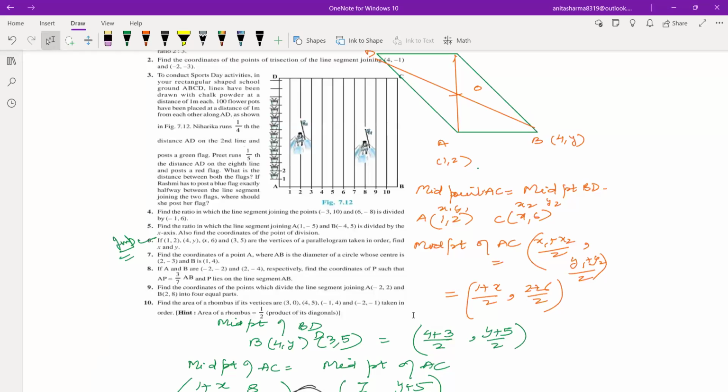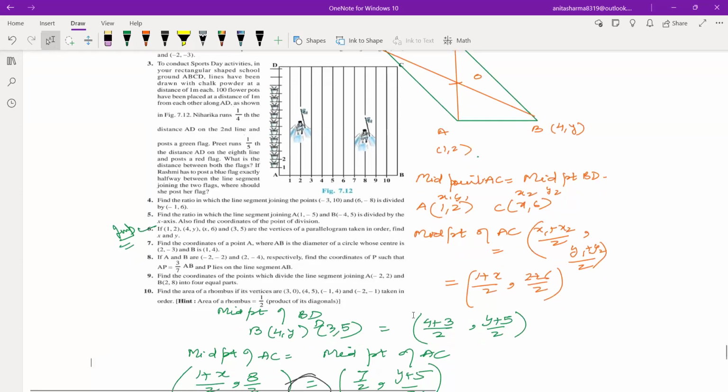So it means the midpoints of both diagonals AC and BD will be equal. Therefore, we will find the midpoint of AC as well as of BD. Then we will equate them to each other and find the values of x and y. So note it down. If you are facing any difficulty, then you can ask.